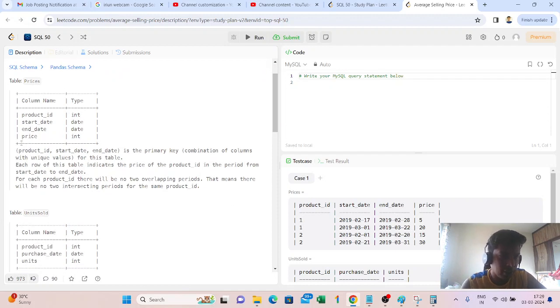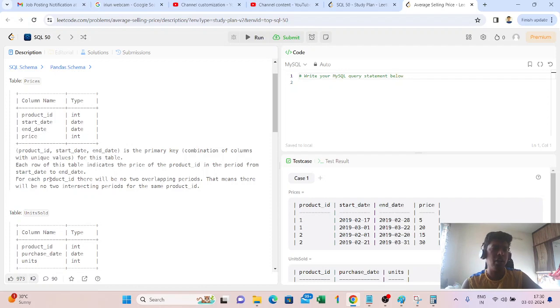Prices has four columns: product ID, start date, end date, and price. Product ID, start date, end date is the primary key. Each row of this table indicates the price of the product ID in the period from start date to end date. For each product ID, there will be no overlapping period.